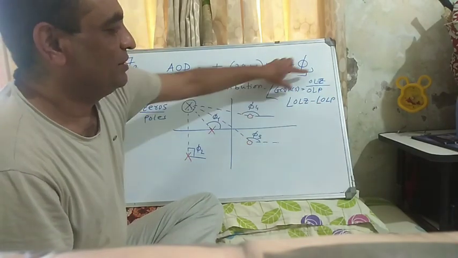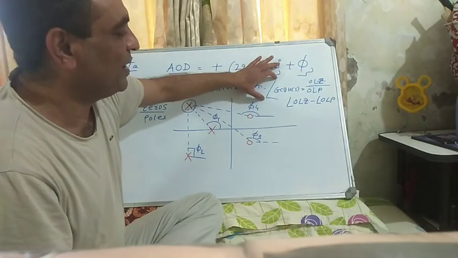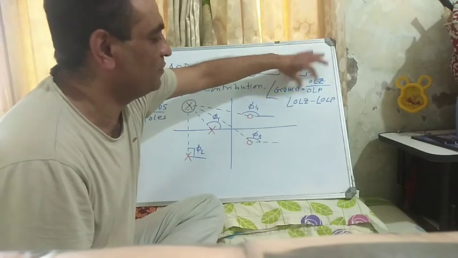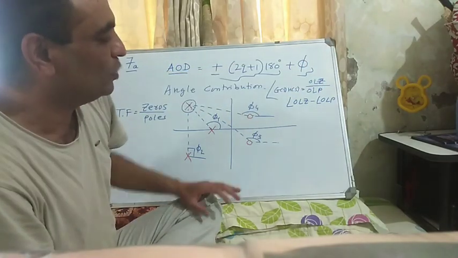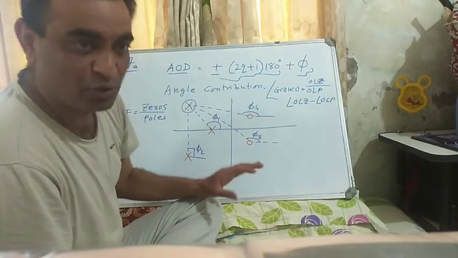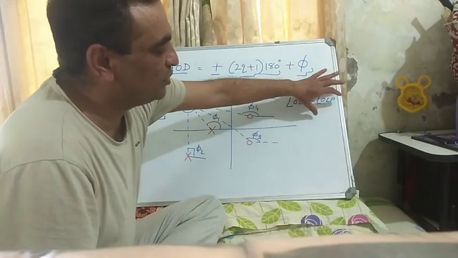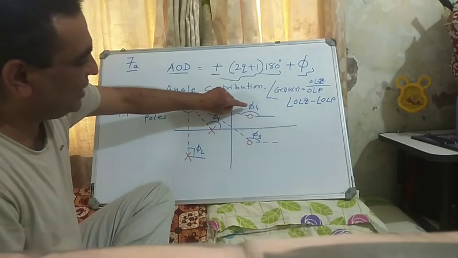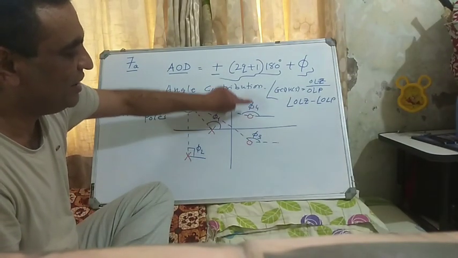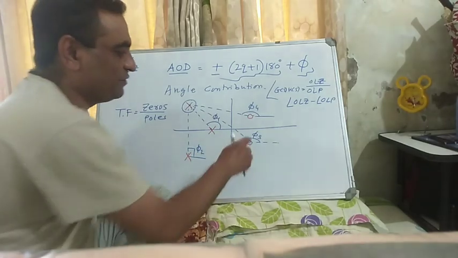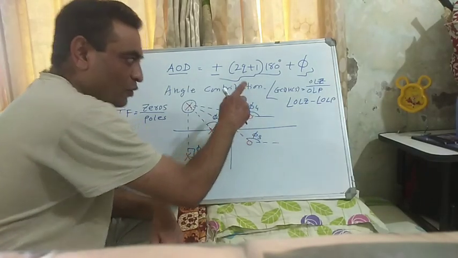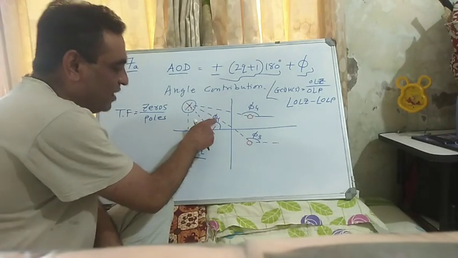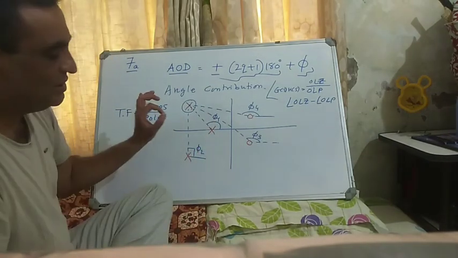So I have two zeros, phi 3 and phi 4, whose contributions would be positive, and the angle contribution from poles, that is phi 1 and phi 2, is negative.